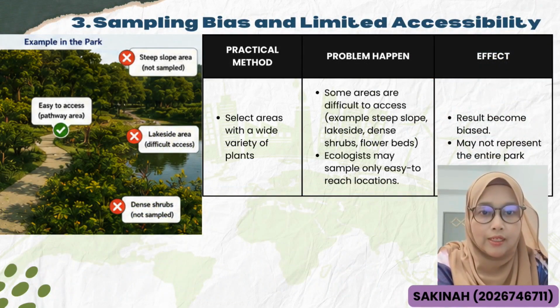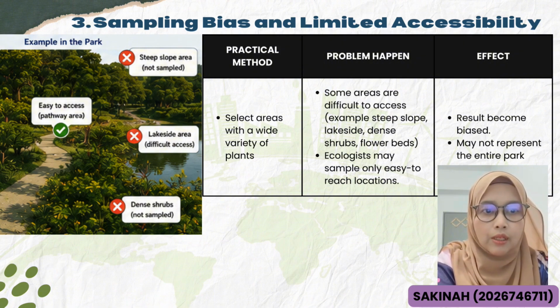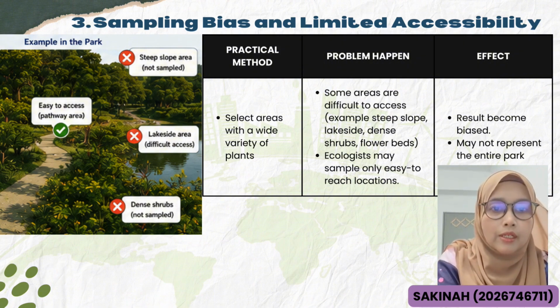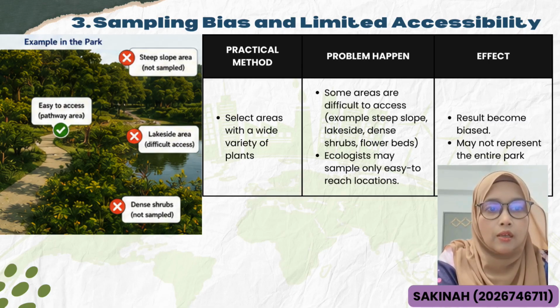Okay, for next slide, the third challenge is sampling bias and limited accessibility. Some areas at Taman Botani Putrajaya, such as dense vegetation, lakeside, or protected gardens, may be difficult to sample.